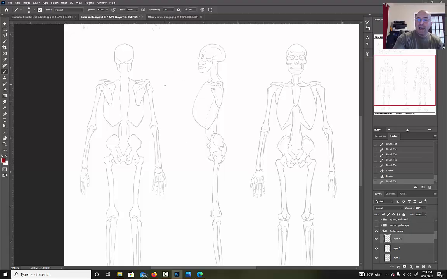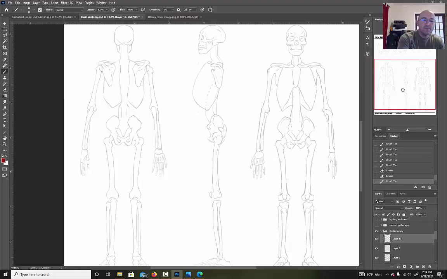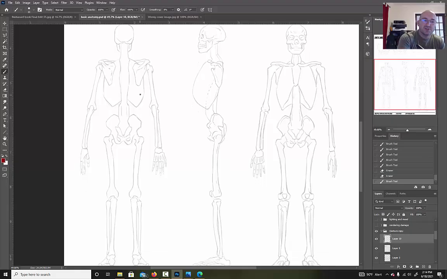We'll start on the back. So the major posterior muscles. We're going to start with the most prominent on the back, which would be your trapezius muscles.